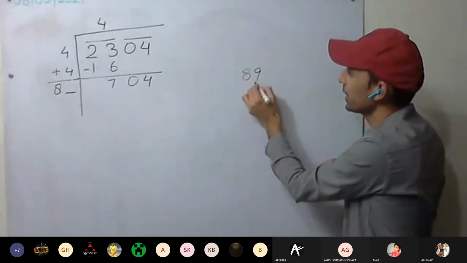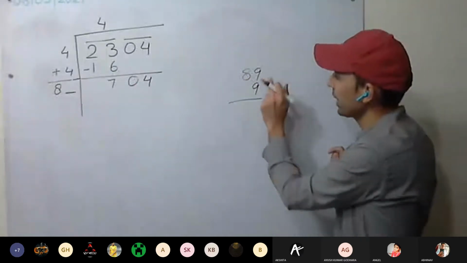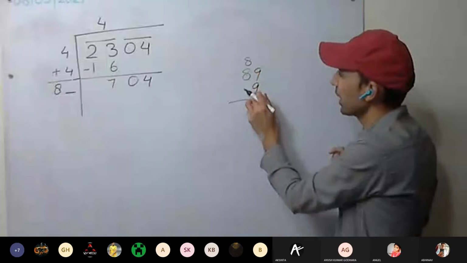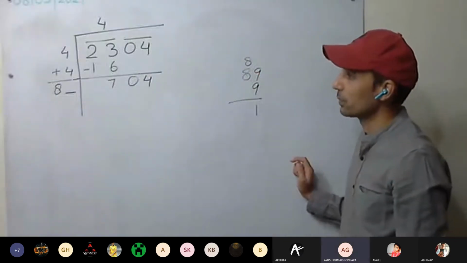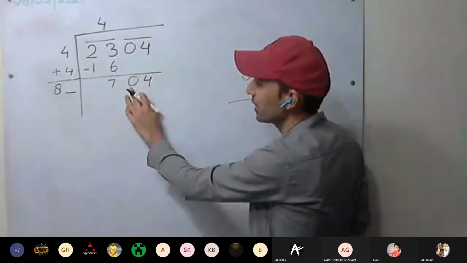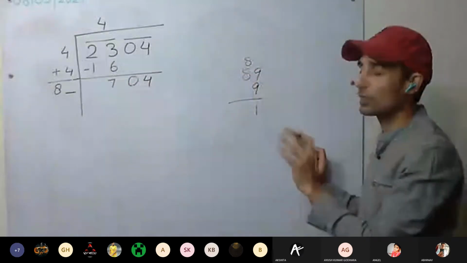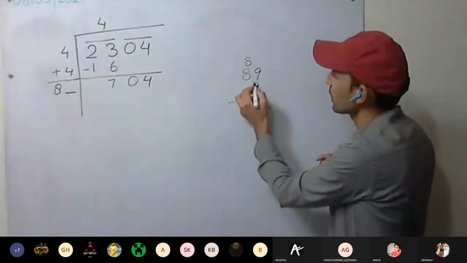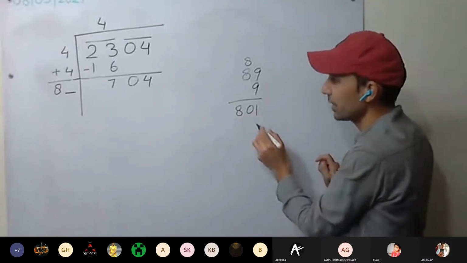Multiply 89 by 9. How much is it coming? 9 9s are 81, 9 8s are 72, and 8 is 80, so 801.